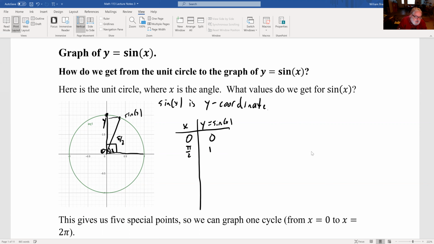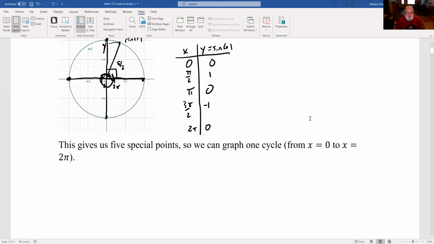An angle of pi brings me to this point, and sine of pi is 0. 3 pi over 2, that's down the y-axis to minus 1. And then if we come all the way around the circle back to 2 pi, that brings us back out to this point, and at 2 pi we have sine equal to 0.